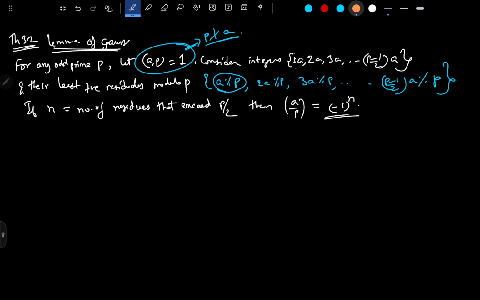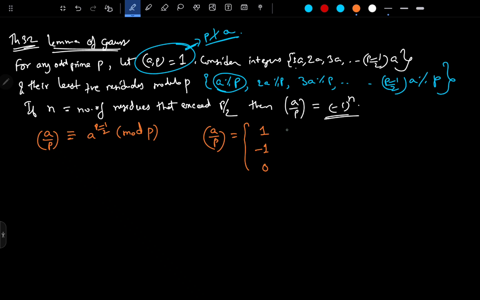First of all, what's new here? Generally, (a by p) is always congruent to a to the power (p minus 1) by 2 mod p. So generally, the Legendre symbol of a by p can be, tell me what: 1, minus 1 or 0.